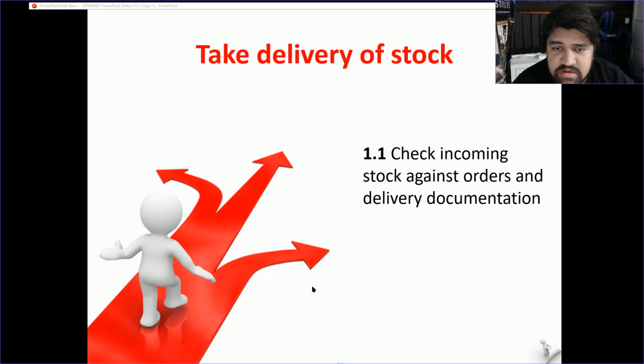Take delivery of stock. 1.1. Check incoming stock against orders and delivery documentation. Whenever we order something, we could do it by email, by phone, or by text. It just depends on what formal processes the supplier has.